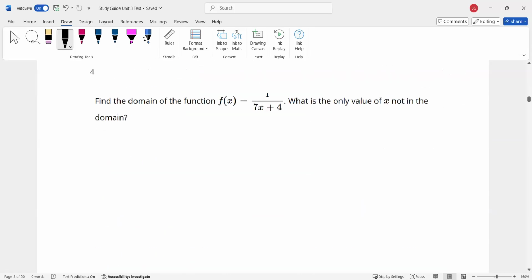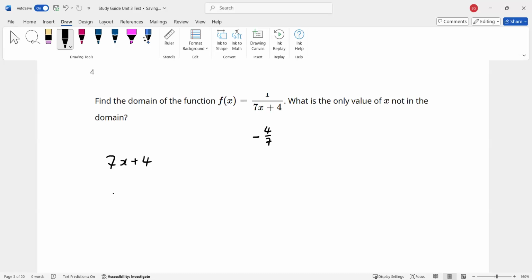Number 4, find the domain of the function. What is the only value of x not in the domain? This one is easy, guys. All real except -4/7. How do you get that? The denominator is 7x plus 4.